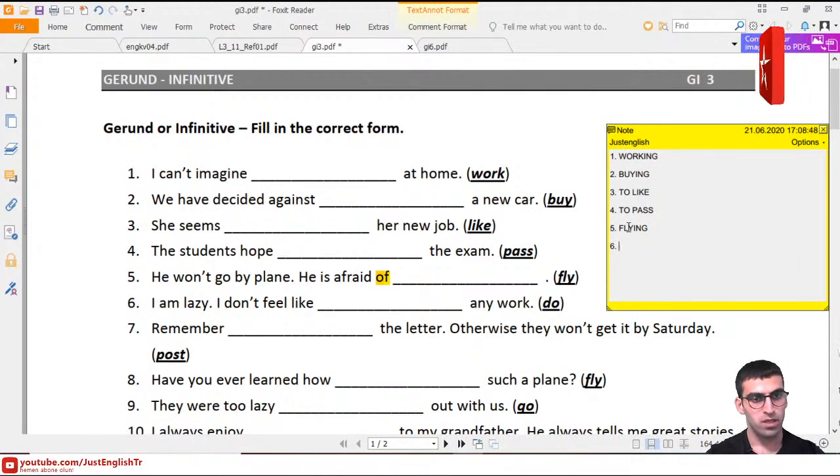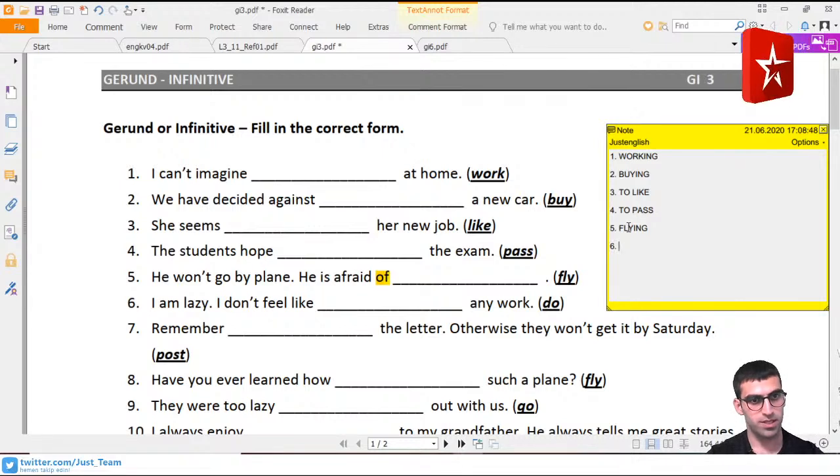Thank you. And number 6, I am lazy. I don't feel like blah blah blah any work. So feel like means want, but after feel like, what should we write here?